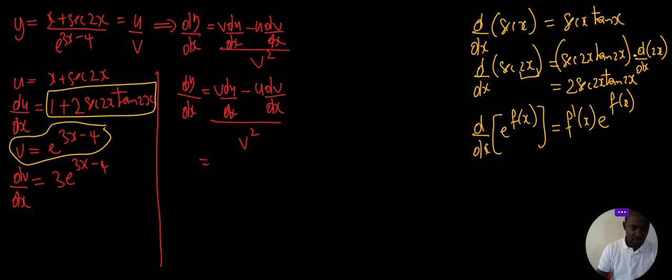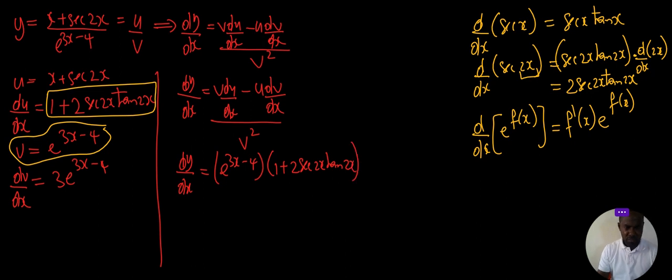So what we get here is dy by dx is equal to v, which is e to the 3x minus 4, times du by dx, which is 1 plus 2 sec 2x tan 2x. So this right here is the v du by dx.